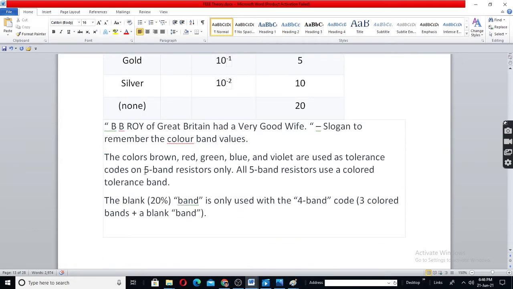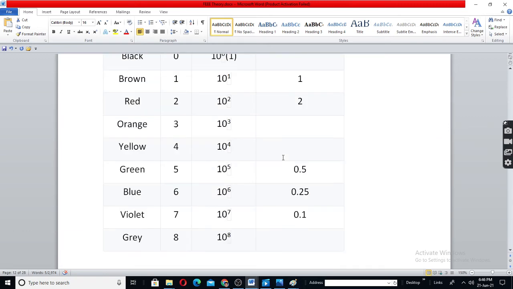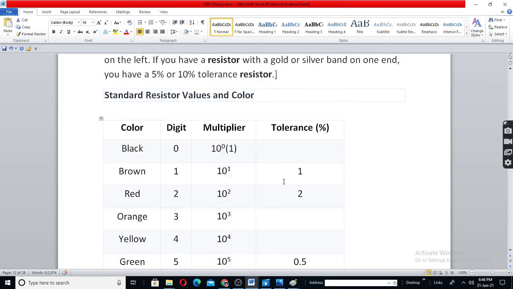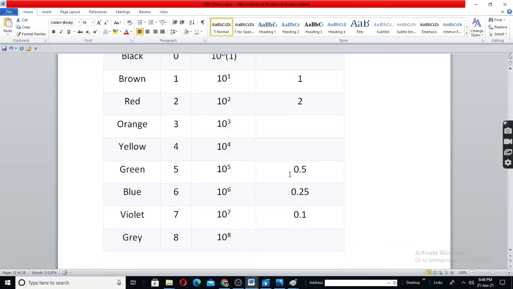If it is a five band resistance, then you will not have gold or silver as tolerance bands. You will have these as tolerance bands: red, brown, green, blue, and violet.